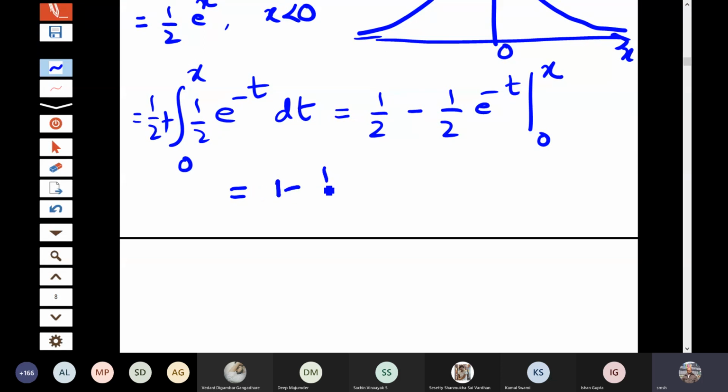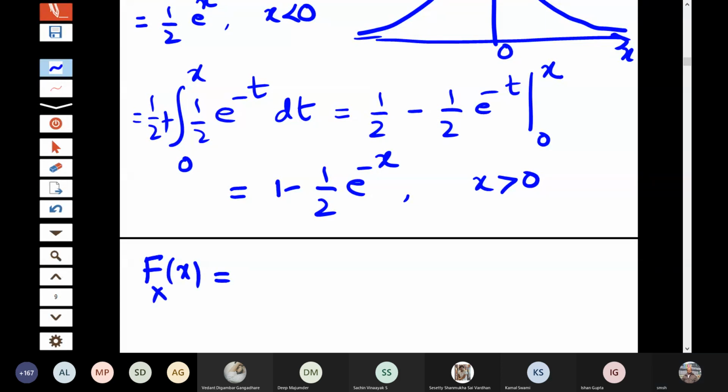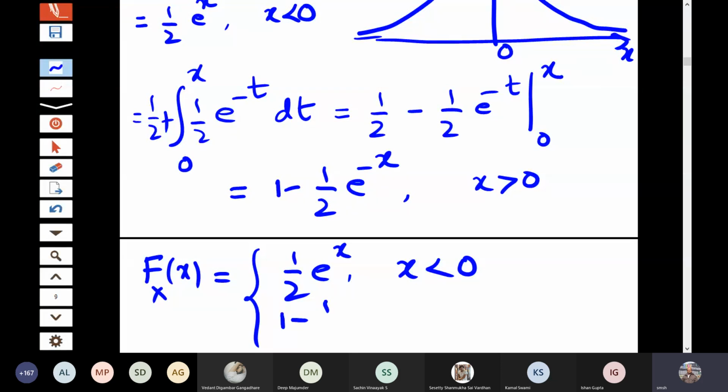So it is 1 minus half e to the power minus x. So your F(x) is becoming half e to the power x for x less than 0, and it is 1 minus half e to the power minus x for x greater than or equal to 0. So for a double exponential distribution, the CDF is of this particular form. Is it clear?